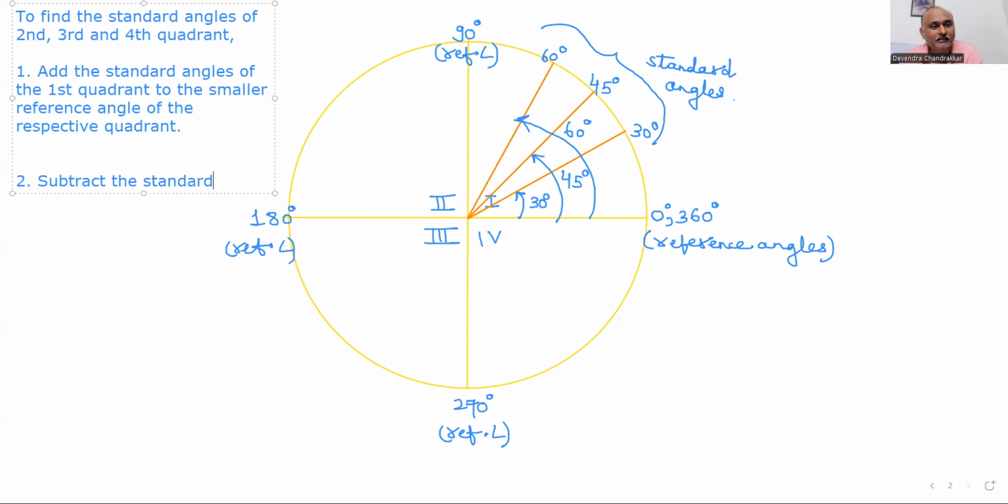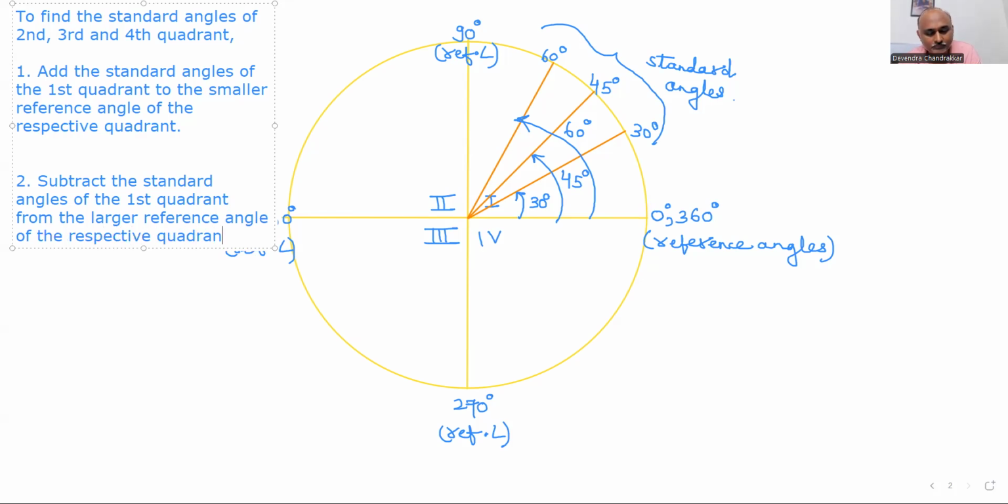So subtract the standard angles of the first quadrant from the larger reference angle of the respective quadrant. ठीक है?